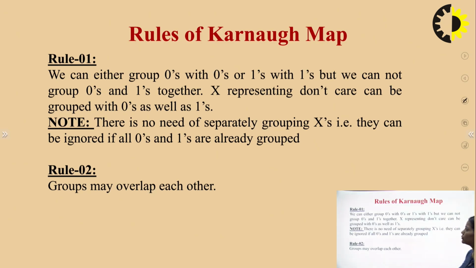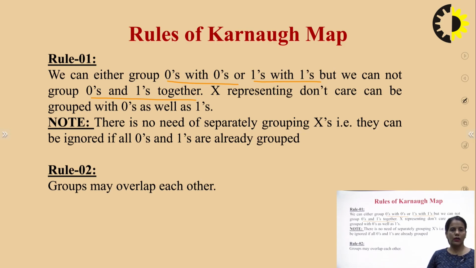There are certain rules which you have to follow before using the K-map for your Boolean expression minimization. What does rule 1 say? Rule 1 says that we can either group zeros with zeros or ones with ones, but we cannot group zeros and ones together. What are these ones and zeros? I am assuming that all of you know about min terms and max terms.